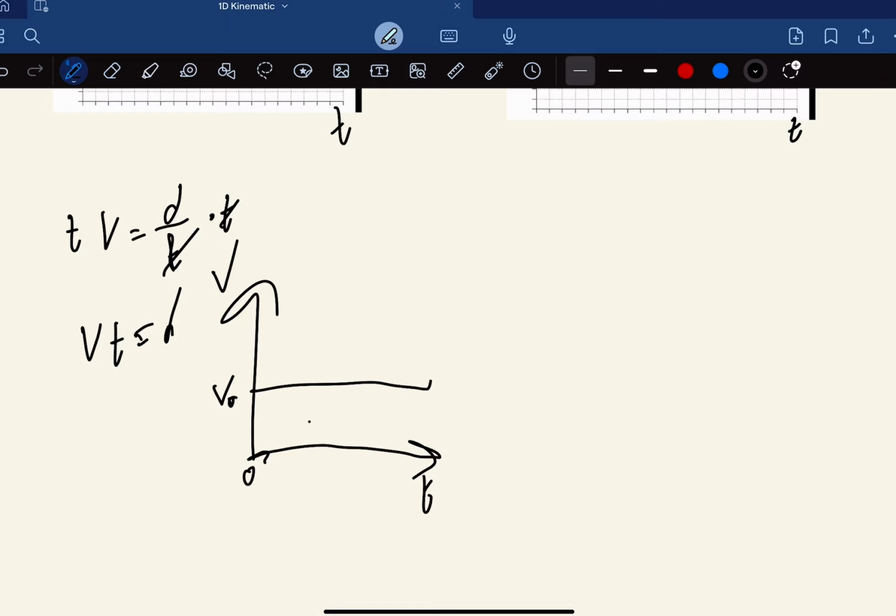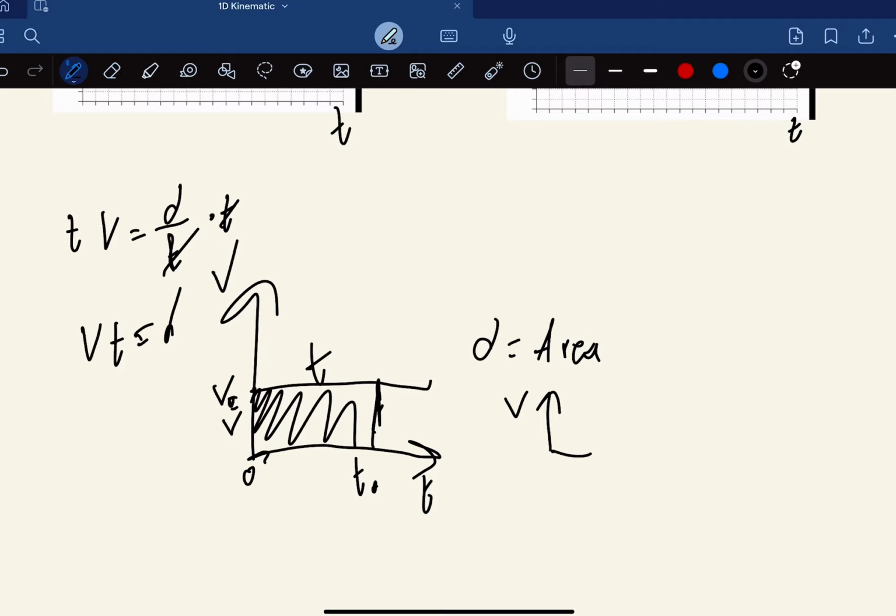So let's say we start at time 0, and we go to time t naught. Now, if we look at our equation, v times t, so this side of this imaginary rectangle times this side of this imaginary rectangle, we could see that distance is equal to the area under a velocity versus time graph.